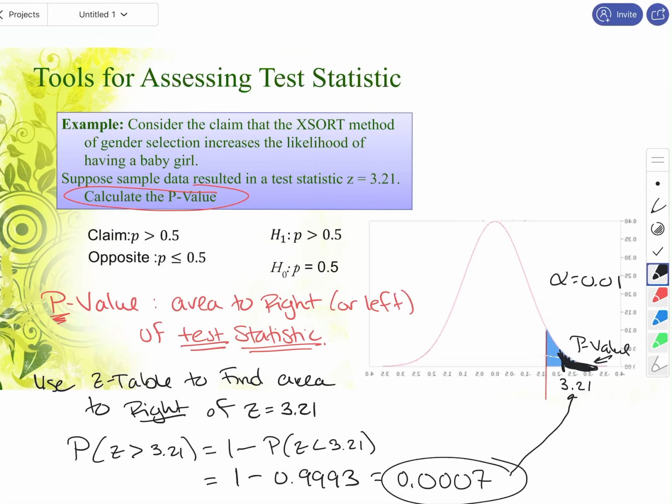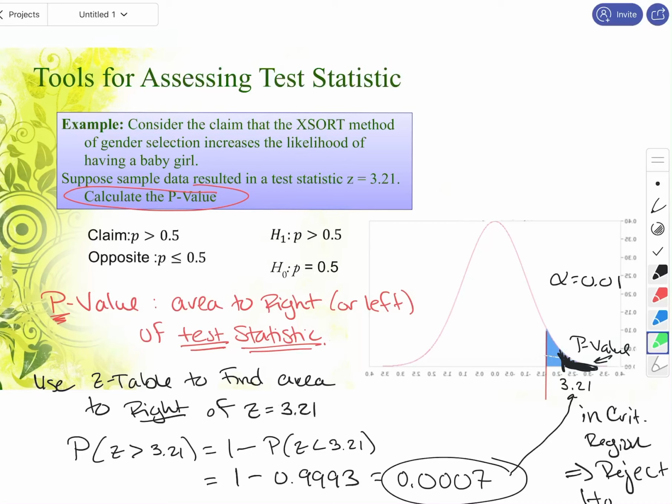Now you can tell from the graph that the p-value places us in the critical region again. And if we're in the critical region, we reject the null hypothesis. Let's say the p-value had been bigger.